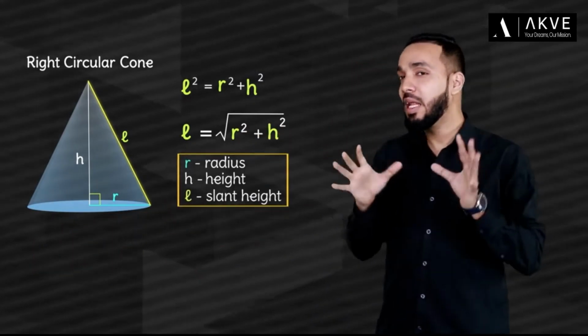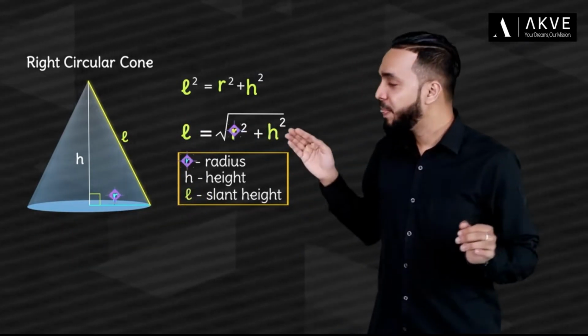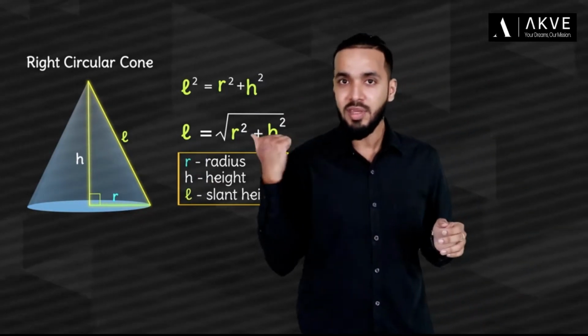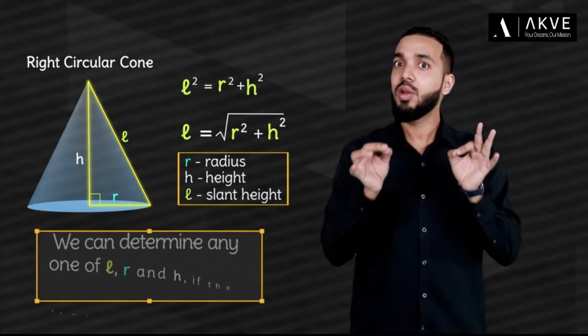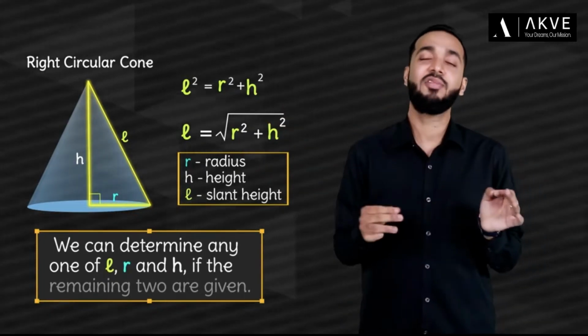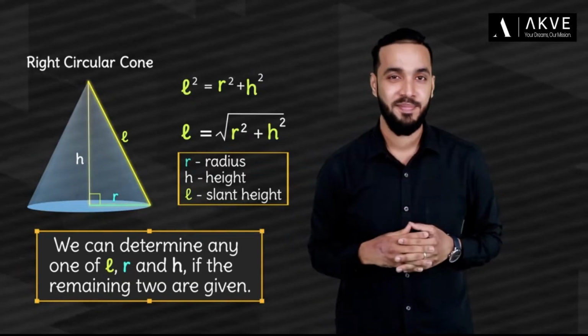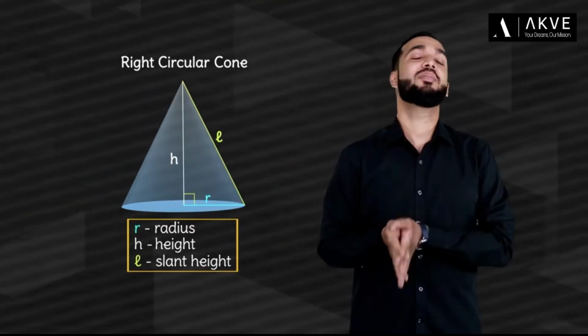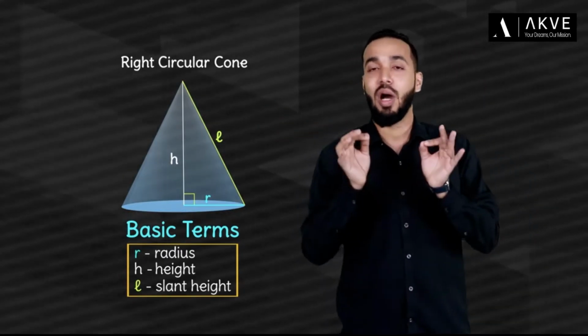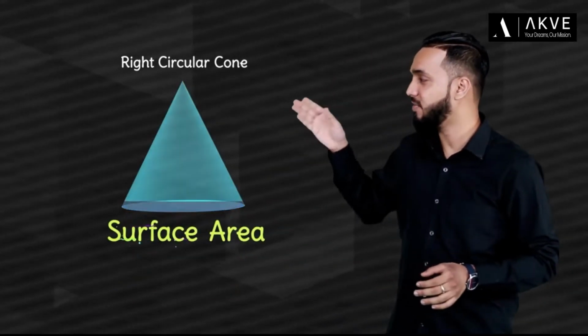This is actually a relation between the slant height, the radius, and the height of a right circular cone. From this relation, it follows that we can determine any one of l, r, and h if the remaining two are given. So, now that we are familiar with the basic terms of a right circular cone, let's use them to understand how to find its surface area.